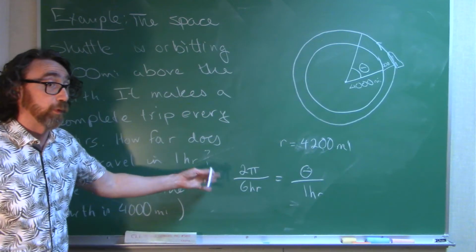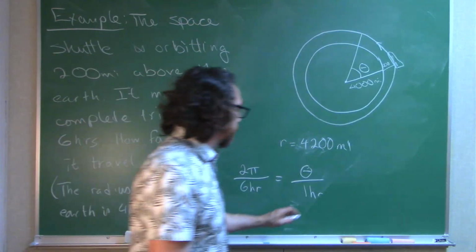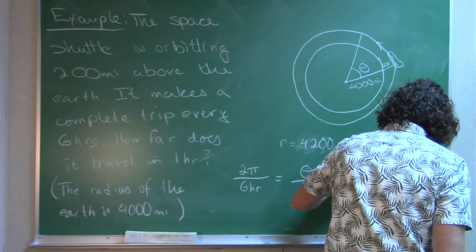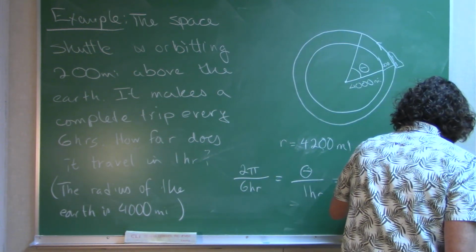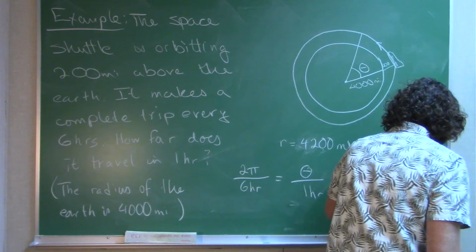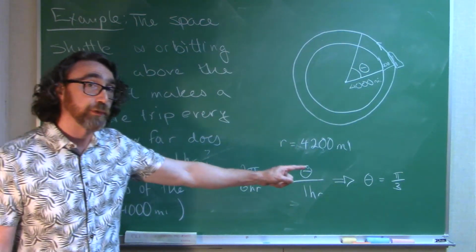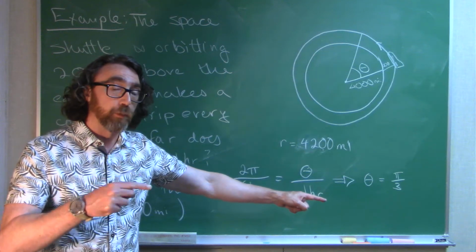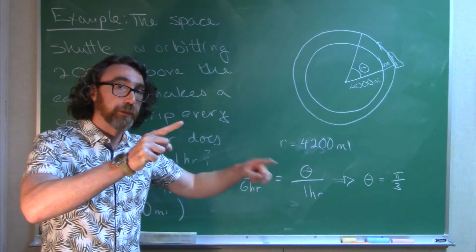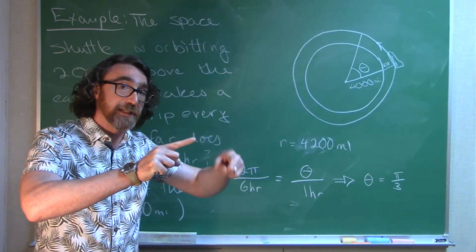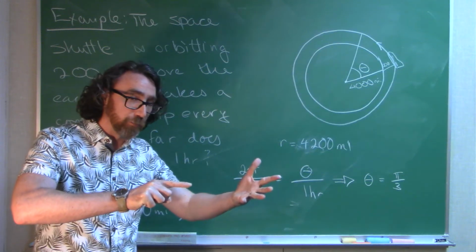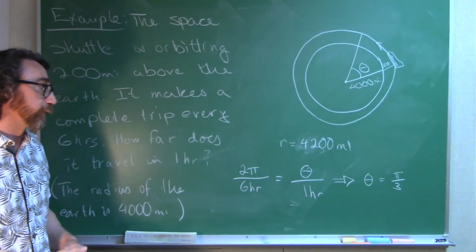In fact, it's actually already solved. So this tells me that theta would be pi over 3. That makes sense. 60 degrees. 1 hour goes 60 degrees. 6 hours, you would go 6 times 60, 360 degrees, or 2 pi radians.